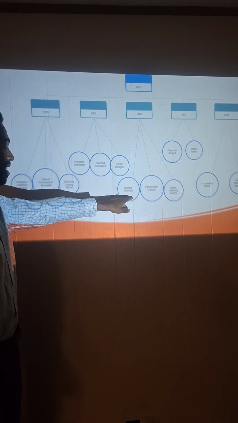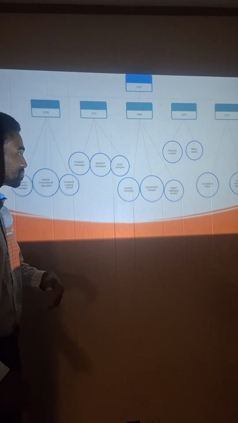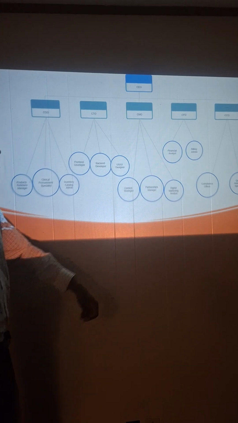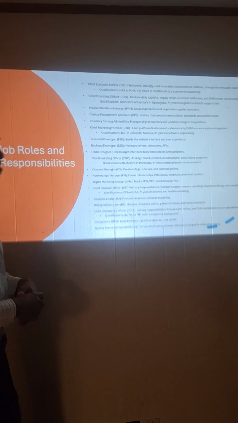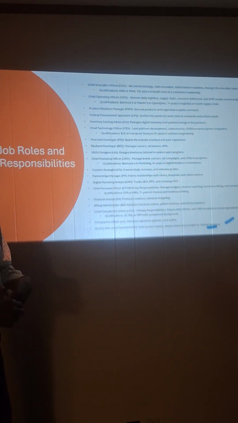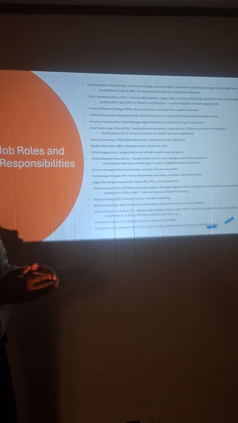You have your content strategist for social media, furthering that online presence. You have your financial analyst, who reports to the CFO, the chief financial officer, to help track the financial aspects of the business.